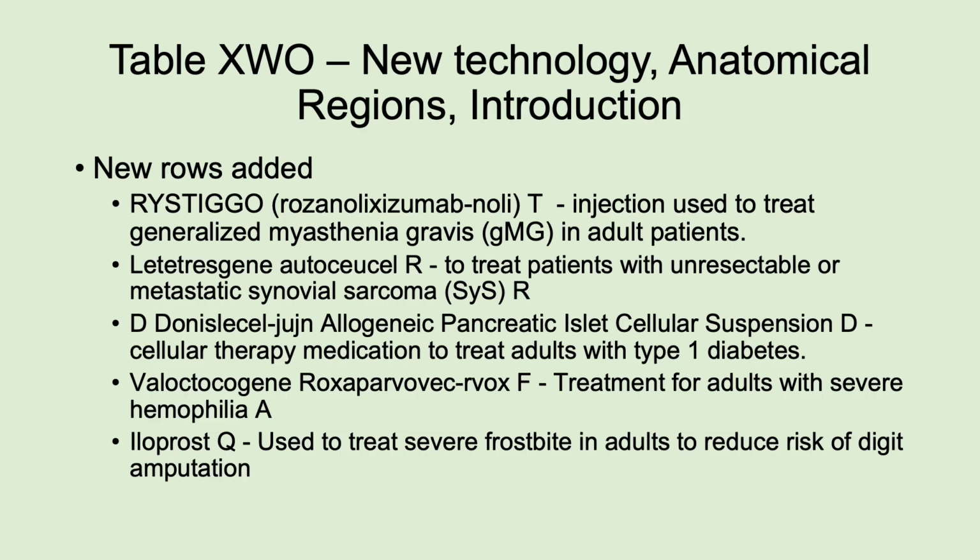Treatment for adults with severe hemophilia. And the last one is iloprost, used to treat severe frostbite in adults to reduce the risk of digital amputation. And I have the letters, the value letters on here, T, R, D, A, and Q.